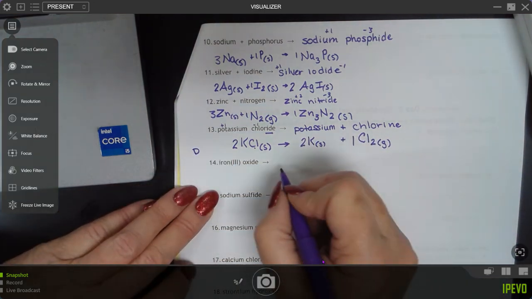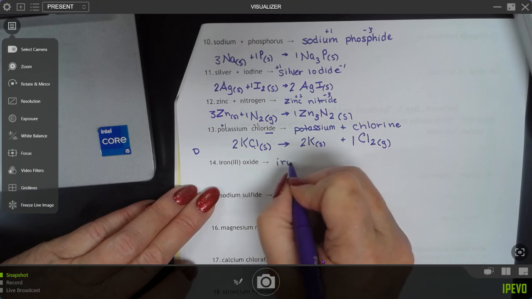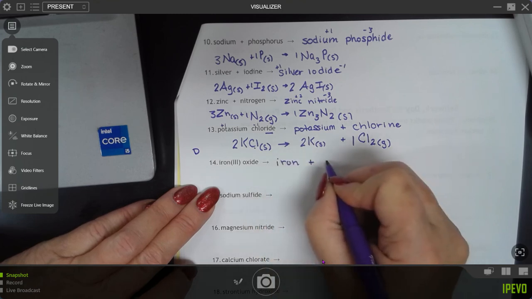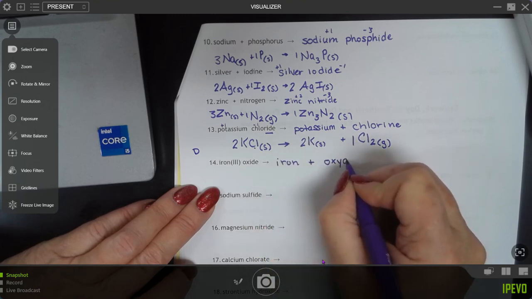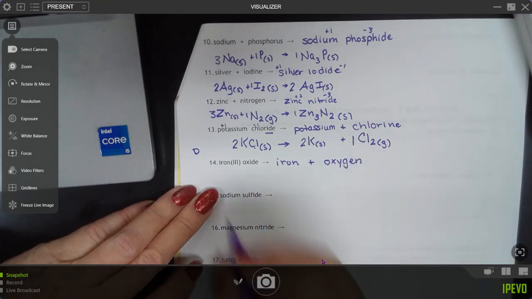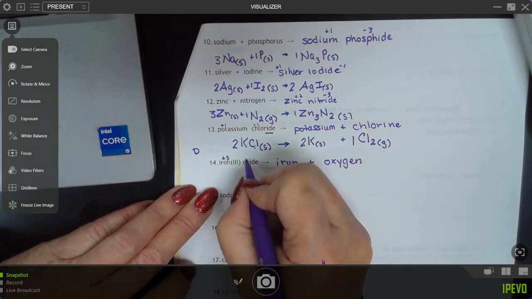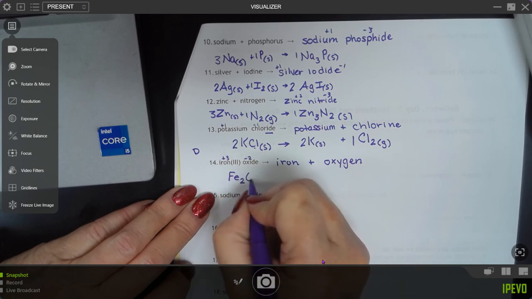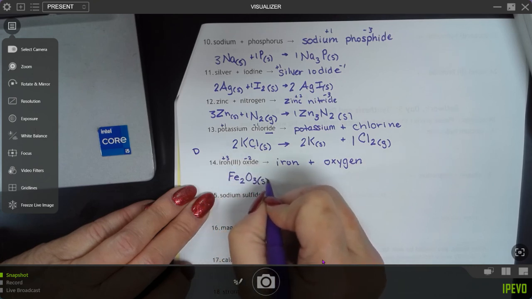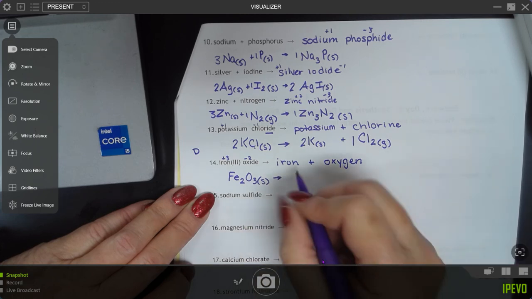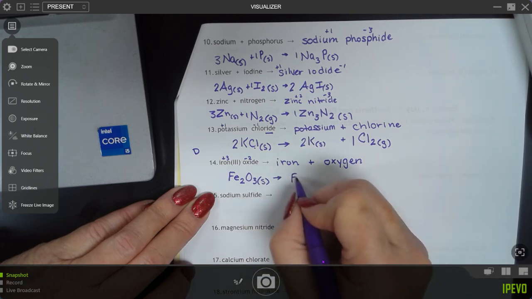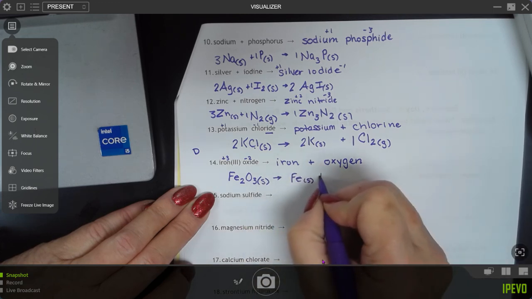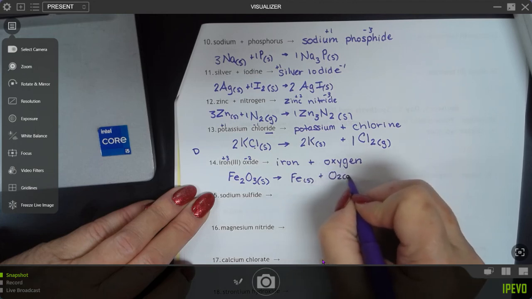Iron 3 oxide is going to break down to give us iron, plus, don't forget the plus sign, oxygen. All right, iron is +3, oxide is -2, so we end up with Fe2O3, solid. And that breaks down to give us Fe plus O2 gas.